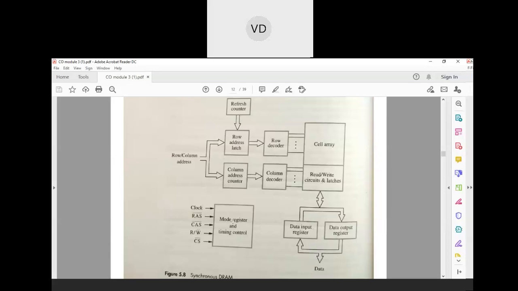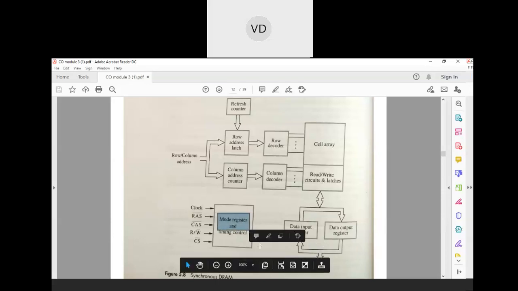When we are doing a complete block transfer, each block will have variable length, is it not? So we have to provide the information to the processor or to the memory, what is the length of that burst, or what is the length of that block of data. That information is given in this mode register.